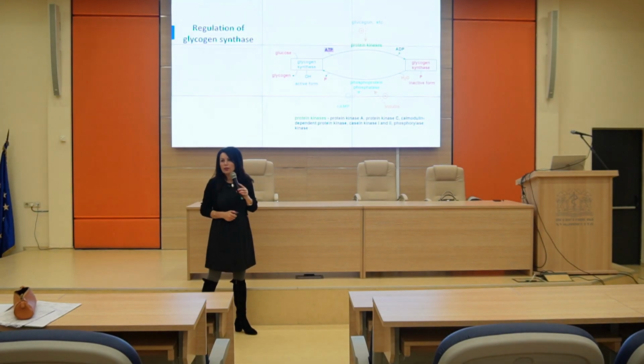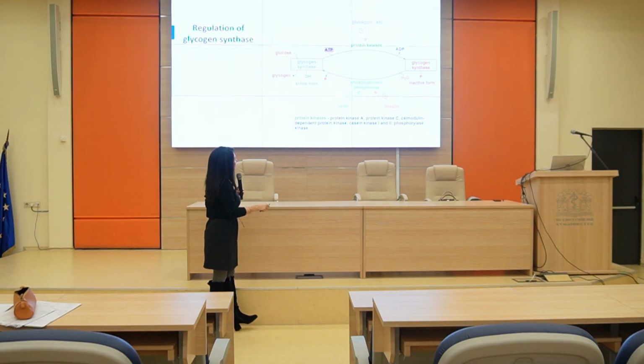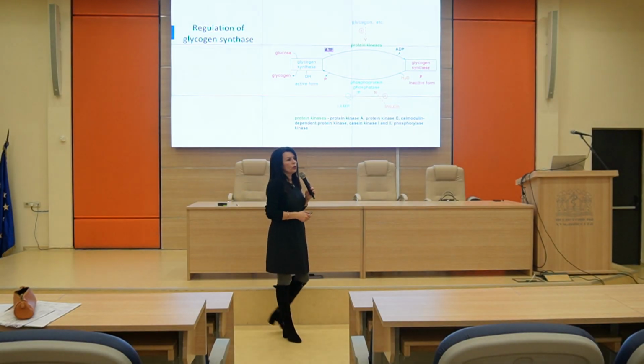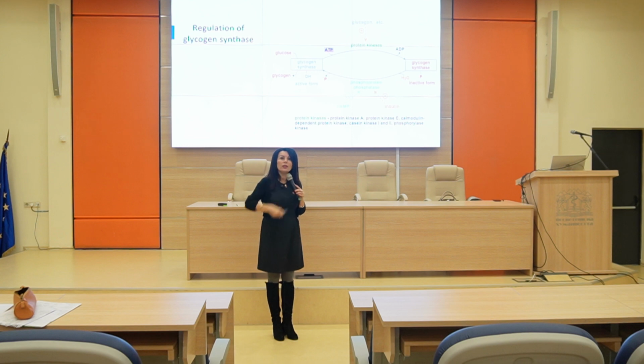Which hormone activates glycogen synthase? Insulin. Why? Because insulin activates phosphoprotein phosphatase enzyme. Which hormone inhibits glycogen synthase? Contrainsular hormones. Why? Because they activate the protein kinases.